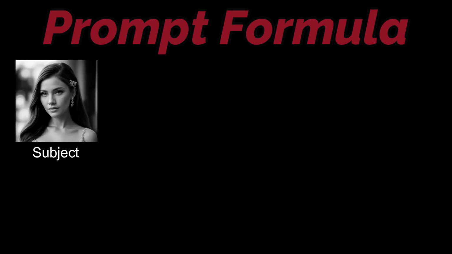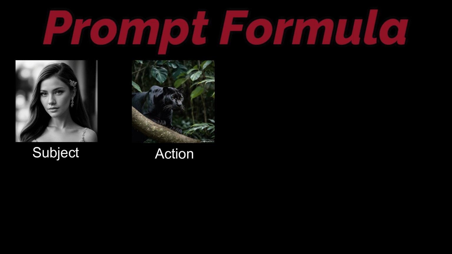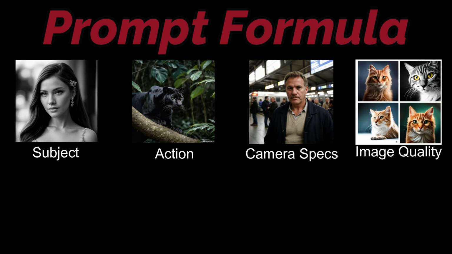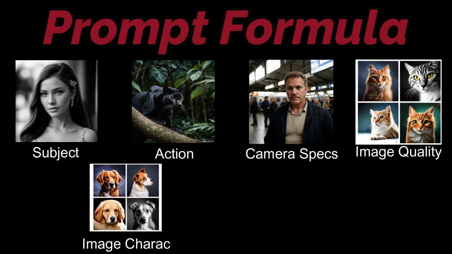All right, so for creating the perfect images in Stable Diffusion XL Turbo, there are a few elements that you need to mention in your prompt. So first of all, there should be a subject, then the action, action being described what the subject is doing. Then we have camera specification, it can be like DSLR, Fujifilm, or something like that. Then image quality. And then the fifth element should be image characteristic, like describe any specific characteristic or effects you want in the image, right?